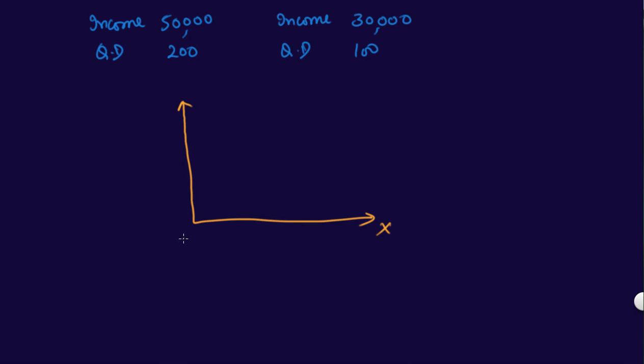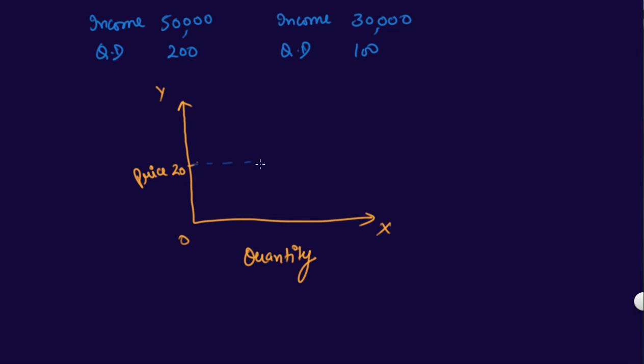Your x-axis, your y-axis, your price, your quantity. Let's take price as constant because it will be constant. There is no change in the price of the product. There is change in your income. Just this is the reason you are shifting your demand.